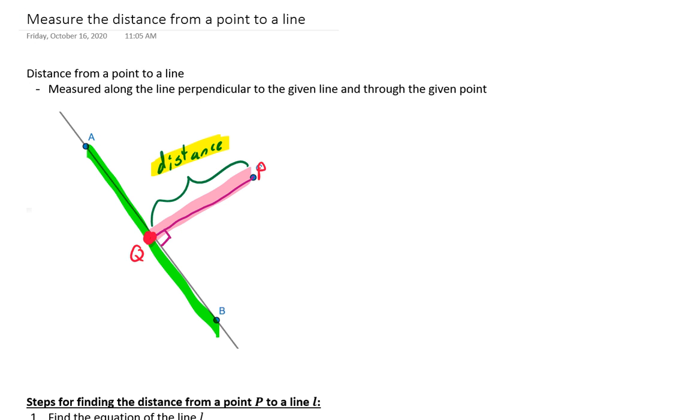So step 1, find the equation of our given line. Step 2, find the equation of the perpendicular line through P. Step 3, find the intersection of those two lines. Step 4, find the distance between the intersection and our given point.